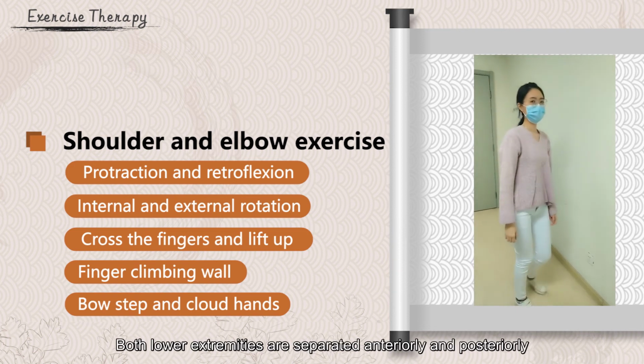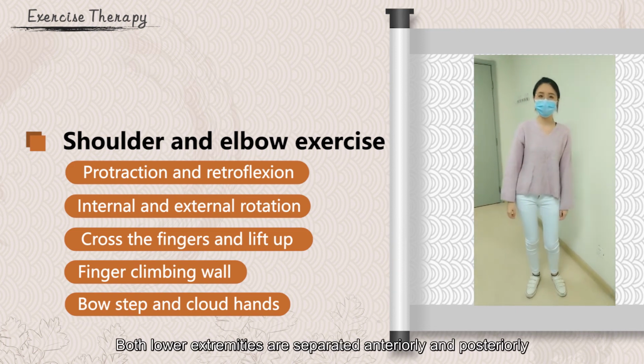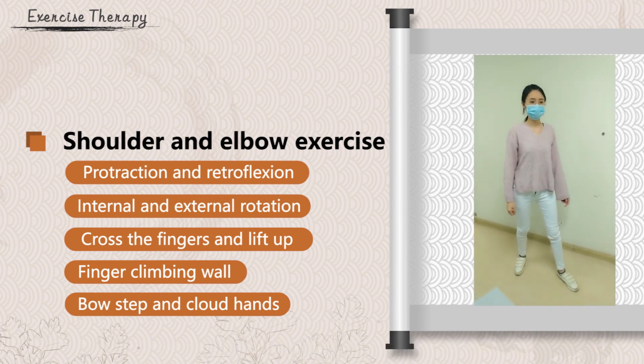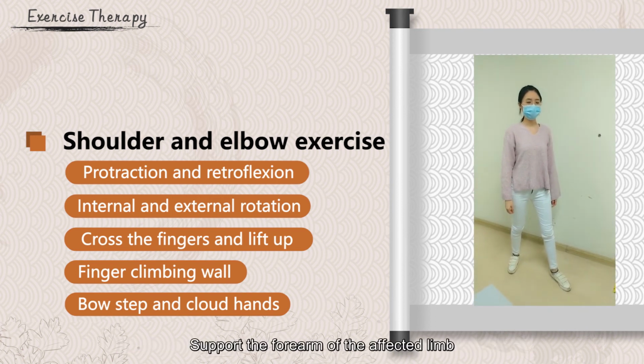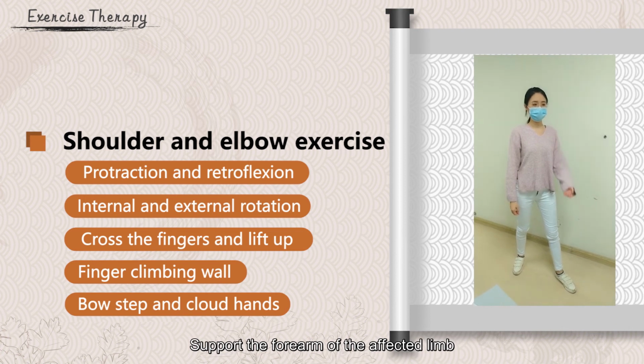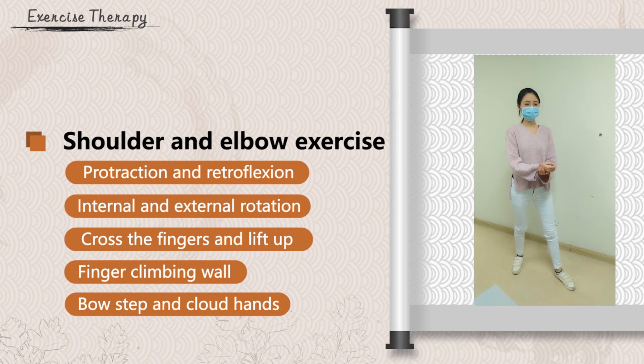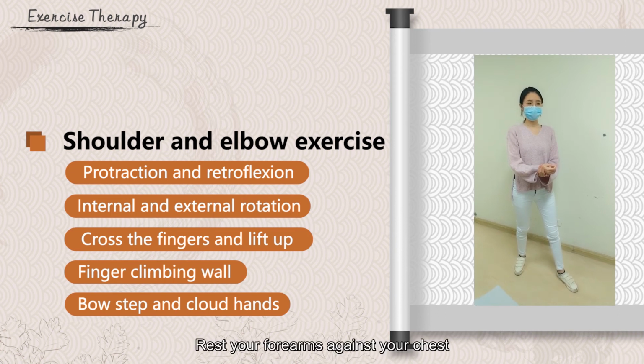Both step and clawed hands. Both lower extremities step anteriorly and posteriorly. Stand in a stance. Support the forearm of the affected limb with the healthy hand to move the center of gravity. Flex the elbows of both upper limbs. Rest your forearms against your chest.